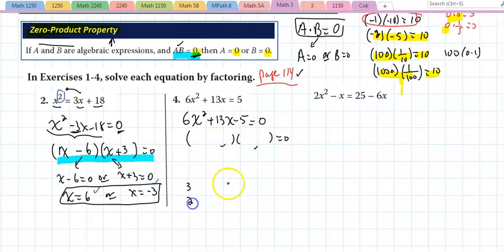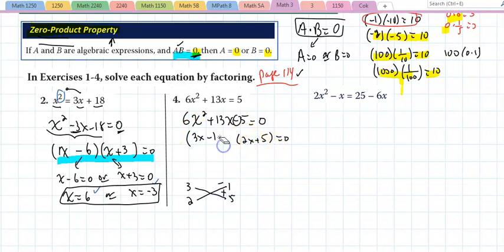I'm going to take 3 and 2, 1 and 5, 5 and 3, subtract to get me 13. 15 minus 2, again, I'm assuming you're factoring on your own. I never taught you how to factor. So this is going to be 3x minus 1 and 2x plus 5.